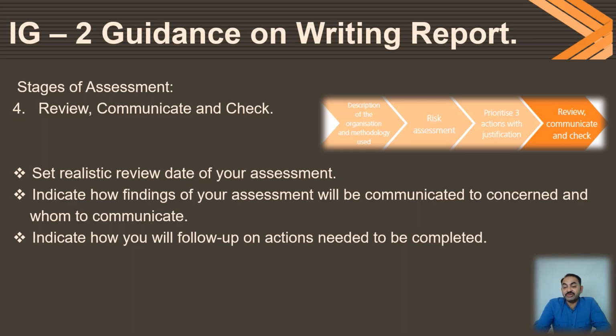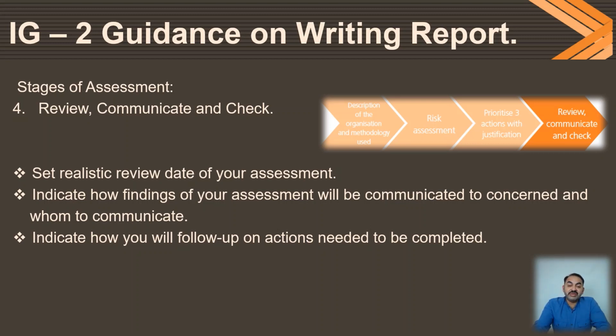The more frequent changes you have in the operation, the more frequent the risk assessment should be. It can be monthly, quarterly or yearly, depending on the nature of the area you are doing the risk assessment on, the nature of activities and all of those things. You need to provide the review frequency and the next review date here.